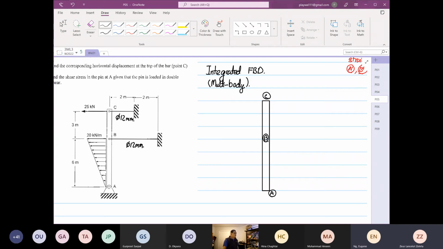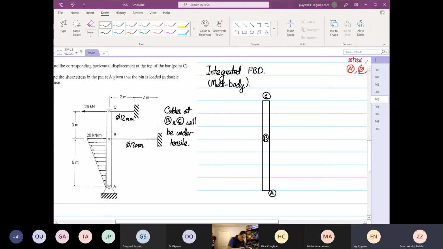We know, okay, it's known that the cables at B and C will be under tension or tensile loading. Okay?